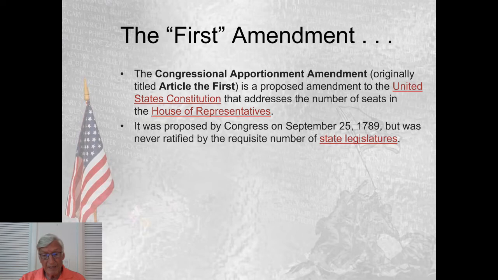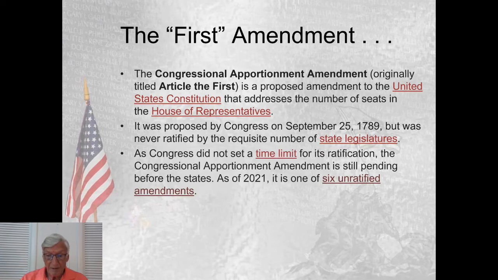In the beginning, and up until more recently, they didn't put a time limit on constitutional amendments when they sent them out. And so they still sit there. And the amendment is still pending. As of 2021, it's one of 6 unratified amendments. They've been sent through Congress, sent out to the states, but have not been ratified.